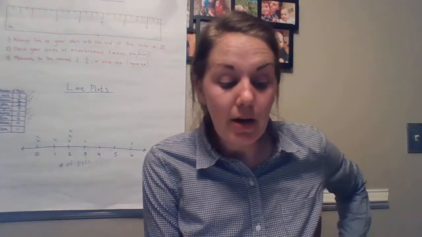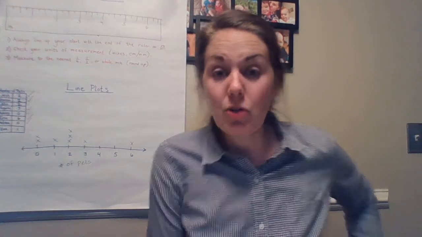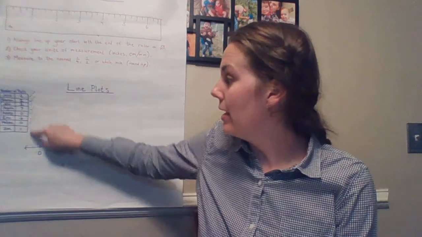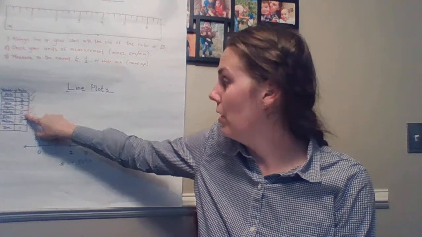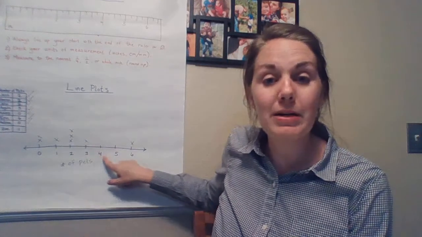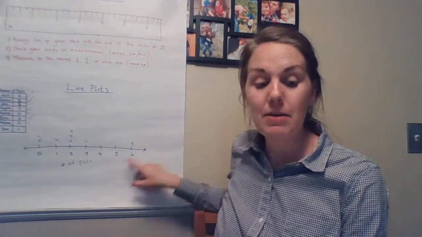Beneath it, it says model it. You can use a number line to help you begin to draw the line plot. So just like my number line, I looked at the spread of my numbers and I said that I start at 0 and I go up to 6. And so I labeled my number line 0 through 6. But on the model it problem on this page, you'll notice that it goes from 0 to 3, and it has a number line that's divided into fractional pieces.